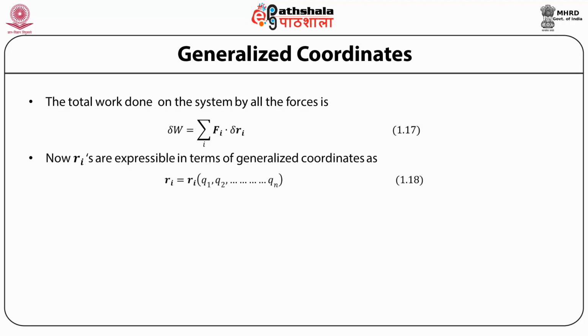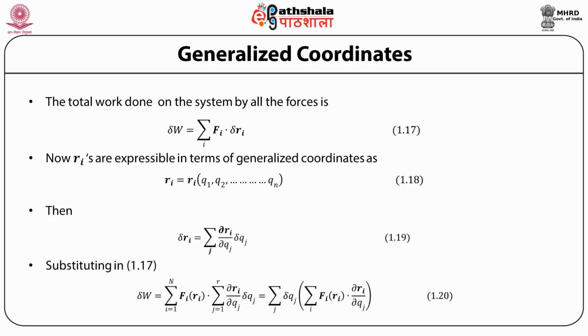Now, we have seen that the position vectors ri can be expressed in terms of generalized coordinates, as ri being a function of the generalized coordinates q1, q2, qn. Therefore, delta ri, again by the chain rule, is sigma over j of the partial derivative of ri with respect to qj times delta qj.